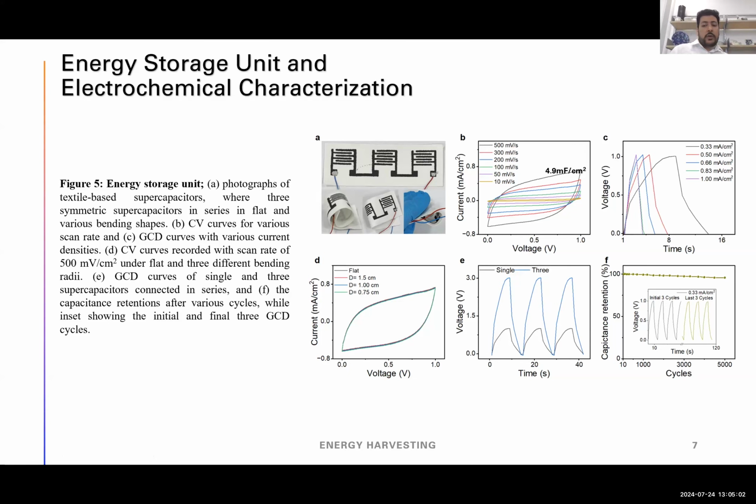You can see that in similar time, a single device can reach up to 1 volt, while three devices in series reach up to 3 volt, which shows the consistency of the fabrication of these devices. And then the endurance cycles, charging-discharging curve up to 5,000 cycles, showed around 3.5 or 3.7% reduction in results.